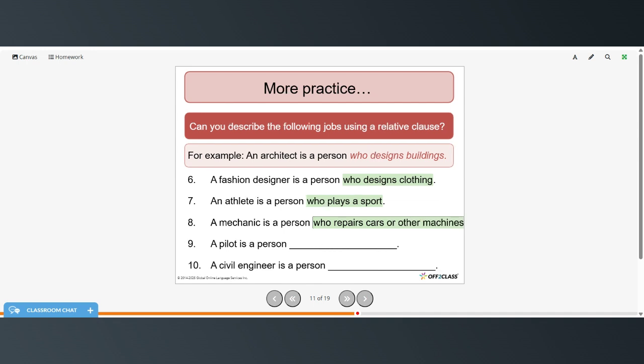A pilot is a person who flies planes or helicopters. And a civil engineer is a person who designs roads, bridges, etc.